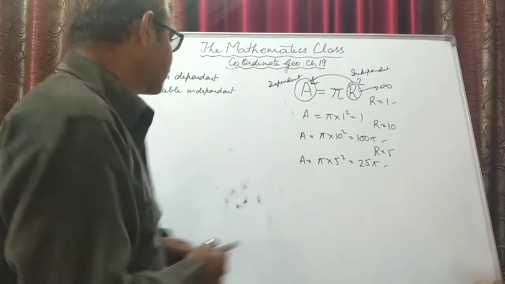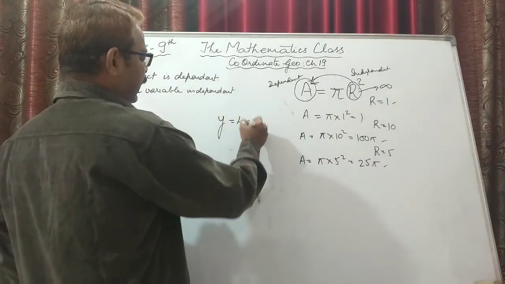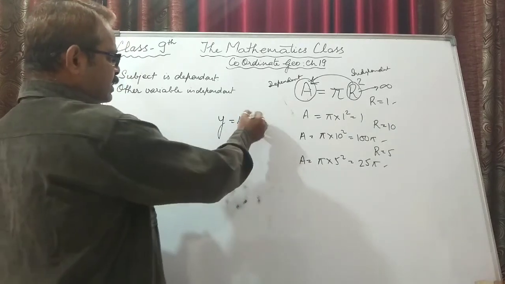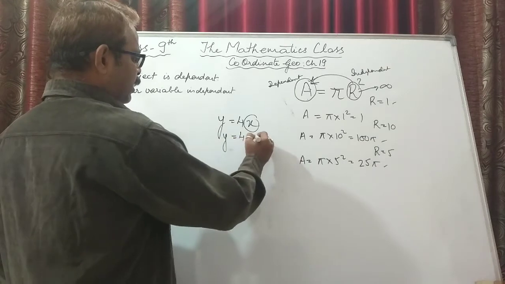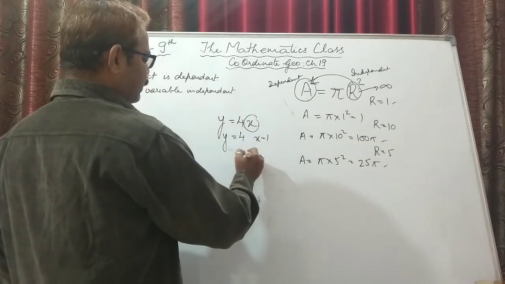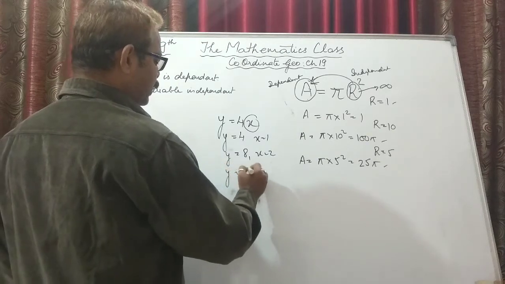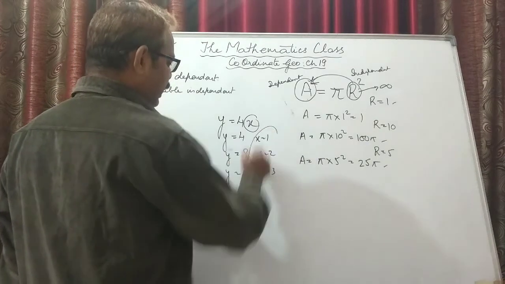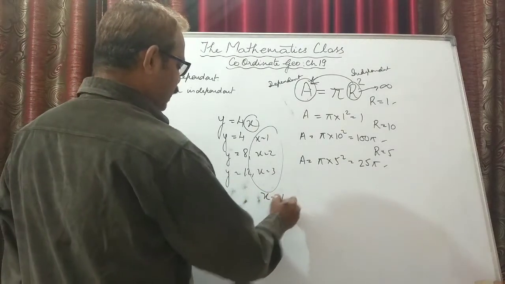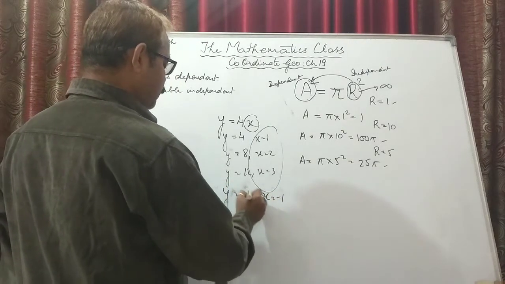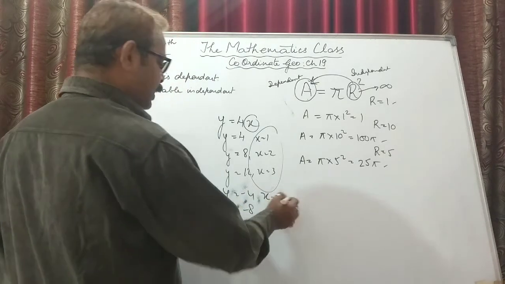Suppose I say y is equal to 4x. So here x is independent, because if I take x as 1, y will be 4; at x is equal to 2, y will be 8; at x is equal to 3, y will be 12. So x can have as many values as we like. Suppose I take x is equal to -1, so y will be -4, x is equal to -2, y will be -8, and so on.